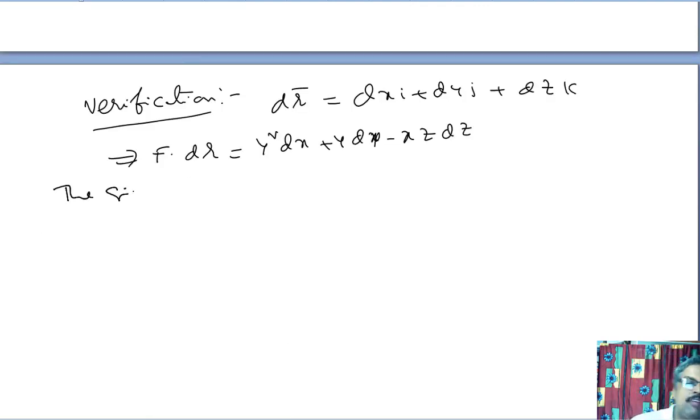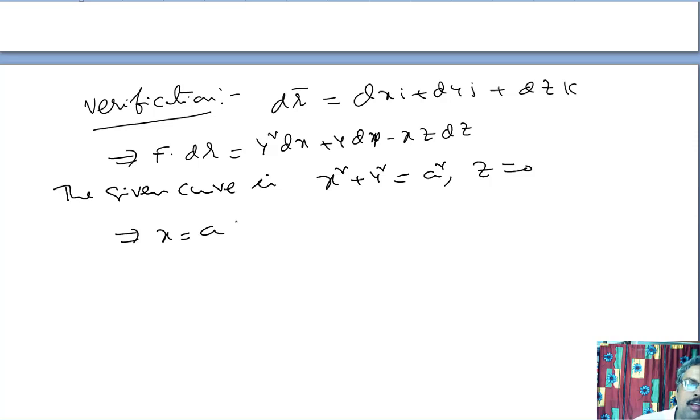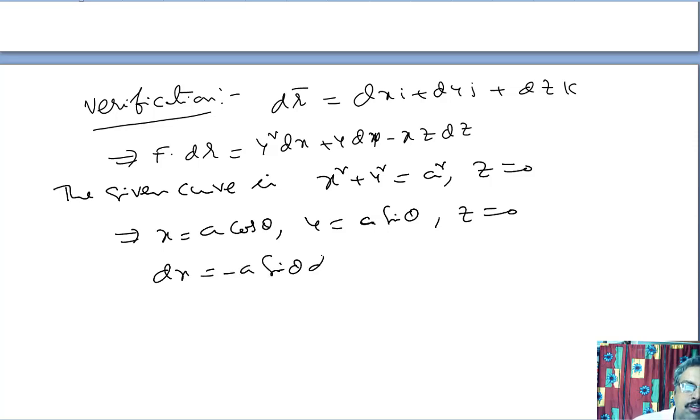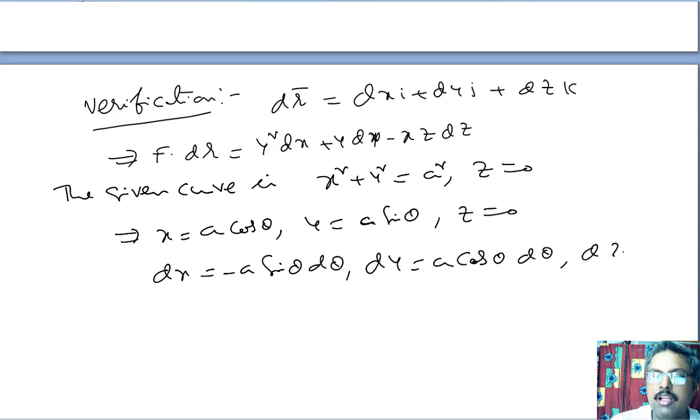Now the given curve is a closed curve, x square plus y square equals a square and z equals 0. Parametric equations are x equals a cos theta, y equals a sin theta, z equals 0. dx equals minus a sin theta d theta, dy equals a cos theta d theta, dz equals 0.